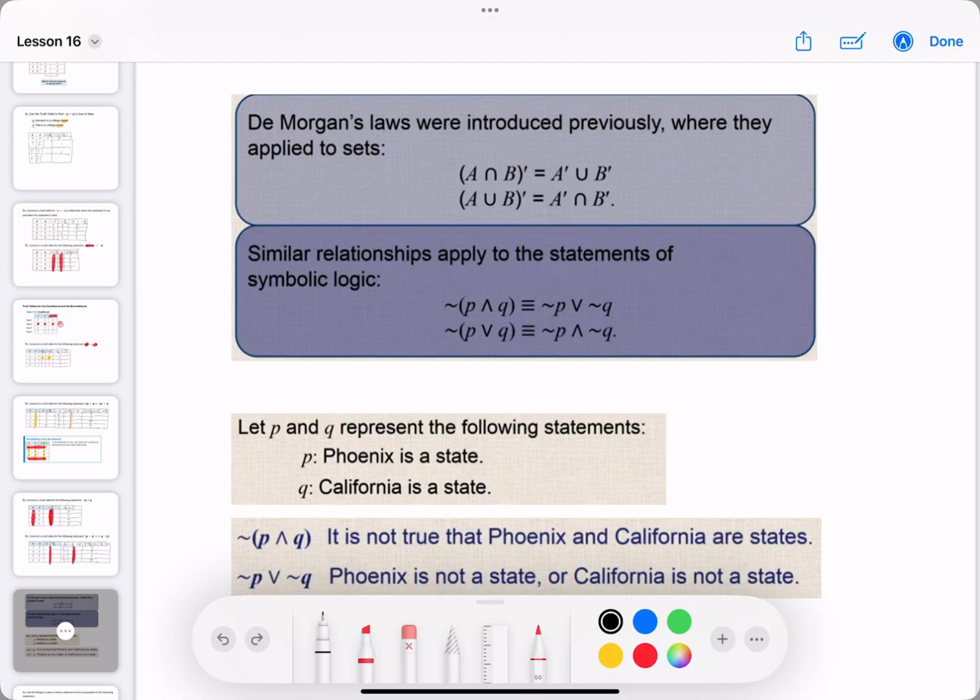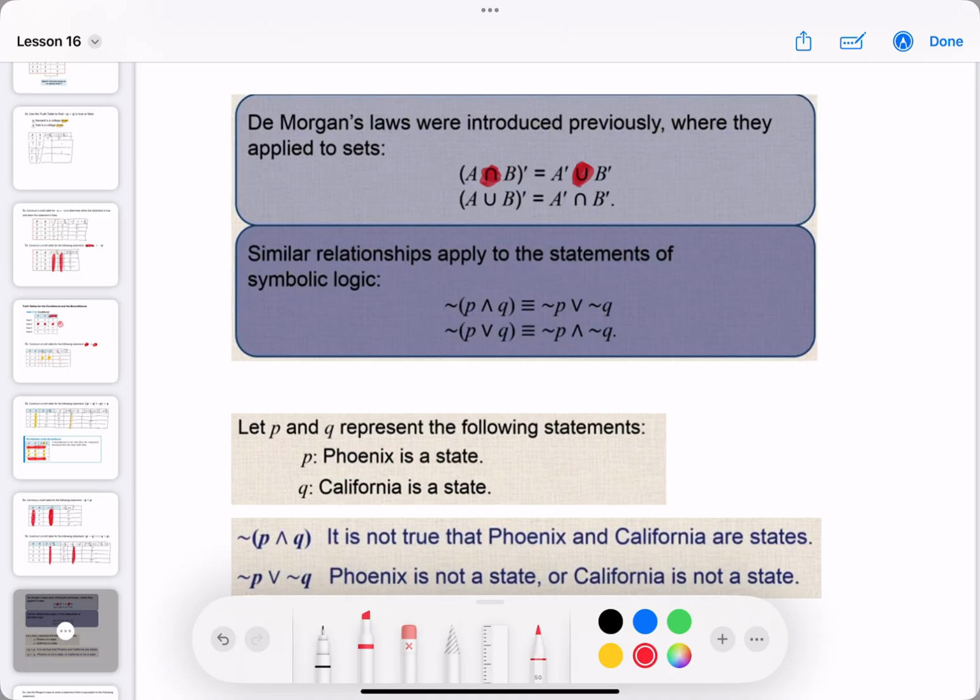If I have A and B, the complement of A and B, if I want to clear the parentheses, inside the parentheses we have A and B, this is the conjunction. Then it becomes disjunction. So I distribute the negation to A and to B and convert the conjunction to a disjunction.